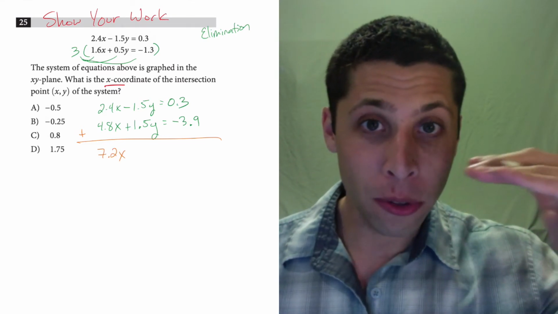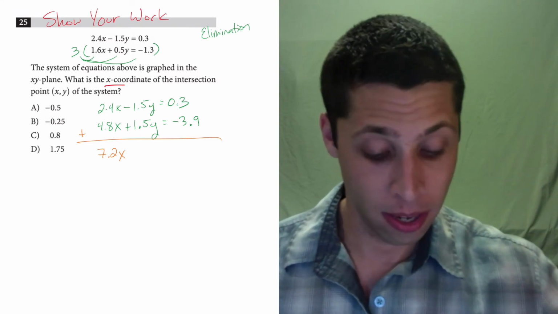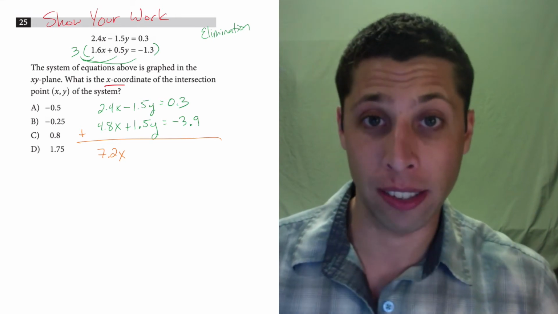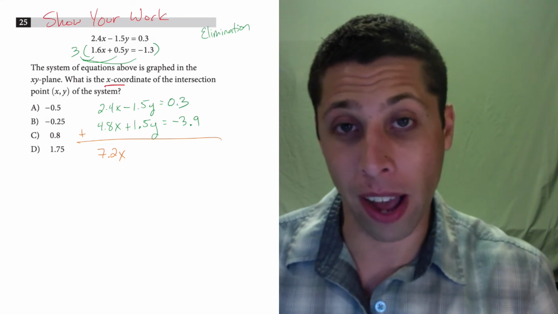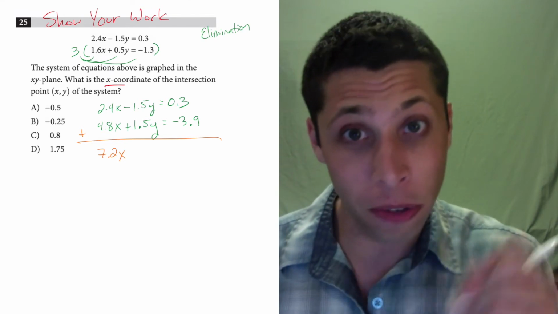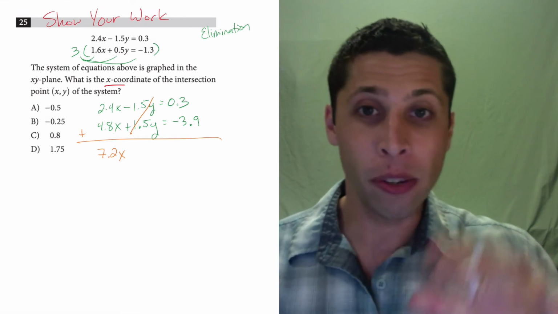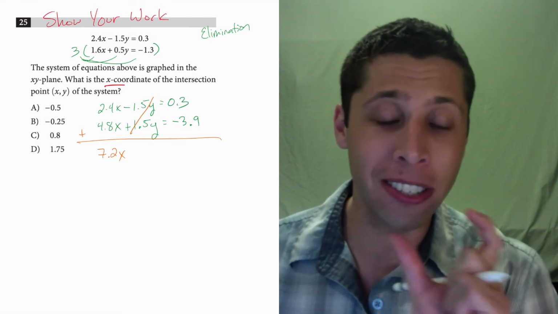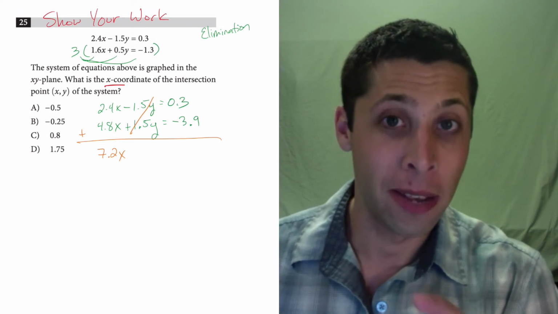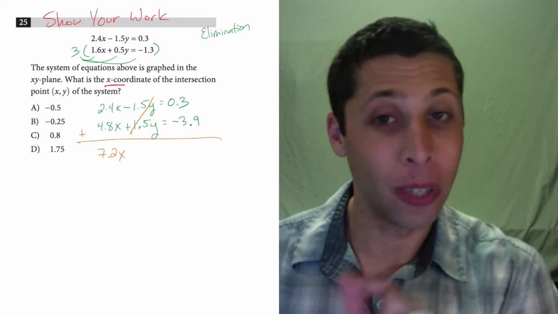But when we do the same thing to the y's, because one is negative 1.5y and the other is positive 1.5y, those two things are going to cancel out, right? Negative 1.5 plus 1.5 is 0. So the reason we do this and the reason we call it elimination is we're eliminating one of the variables. Because when we have 2 variables, we can't really solve the equation and figure out what their numbers are. But when we have 1 variable in 1 equation, we can solve.